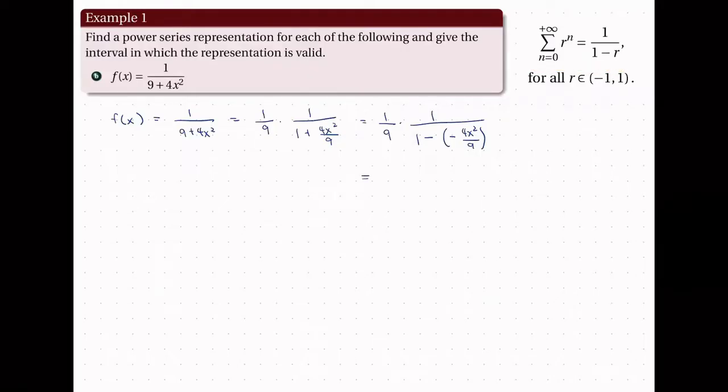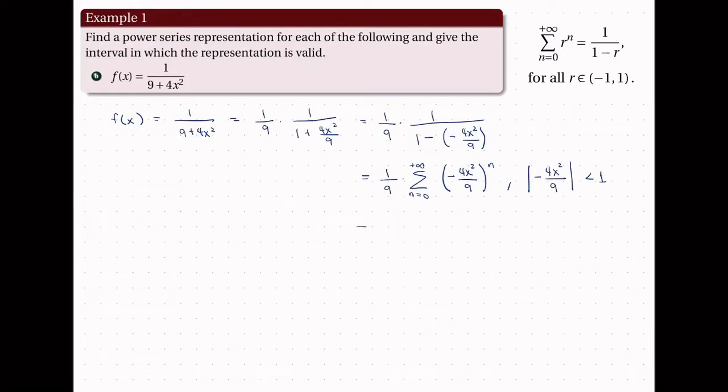So we have 1 over 9 times the summation from n equals 0 to positive infinity of negative 4x squared over 9 raised to n, and then our condition for x is that the absolute value of negative 4x squared over 9 must be less than 1. Okay?